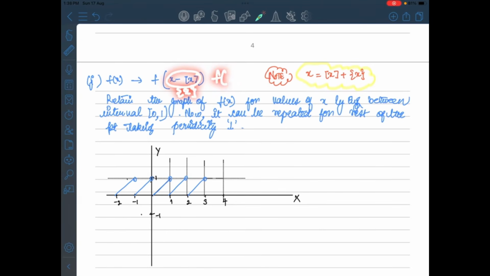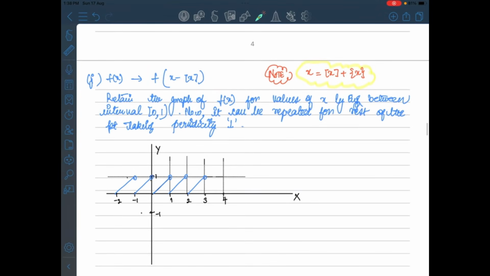So I am doing the transformation of f of fractional part of x. Now in this, very simple. Retain the graph of f of x, draw the graph of f of x. After this, whatever is the graph of f of x between the interval 0 to open 1, whatever is the original graph.